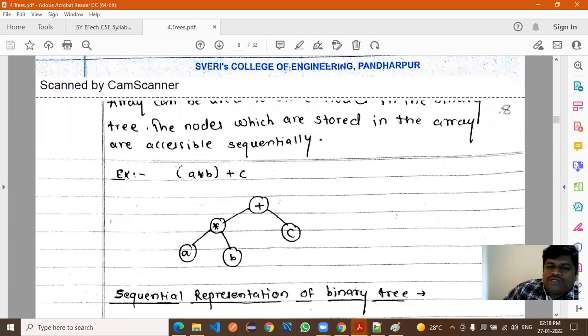So this is the equation A into B plus C. Now, what is the sequence of operations? Don't go to the tree yet. Which operation are you performing first?